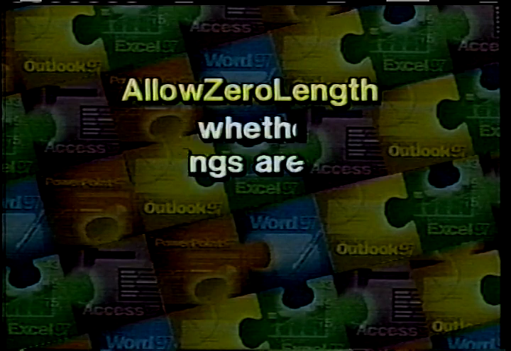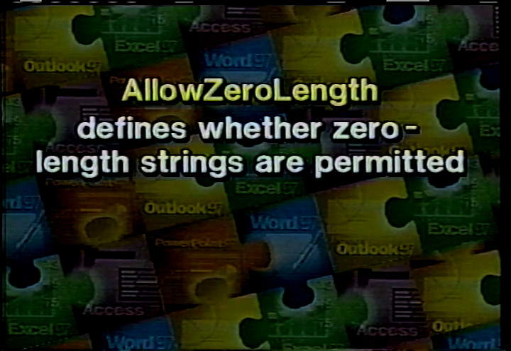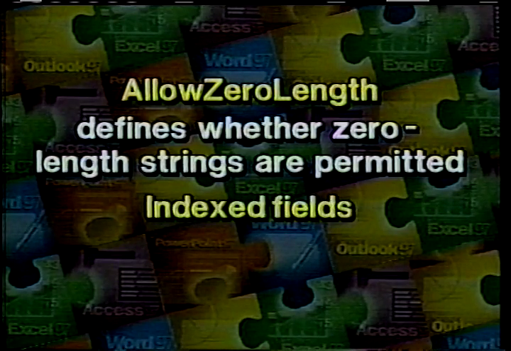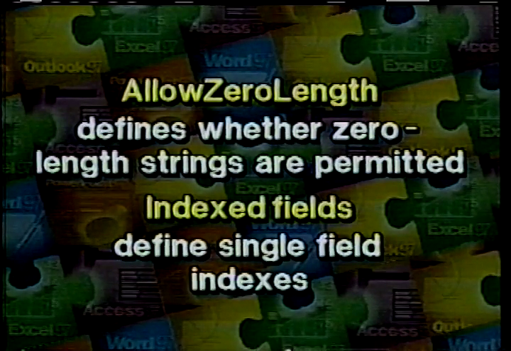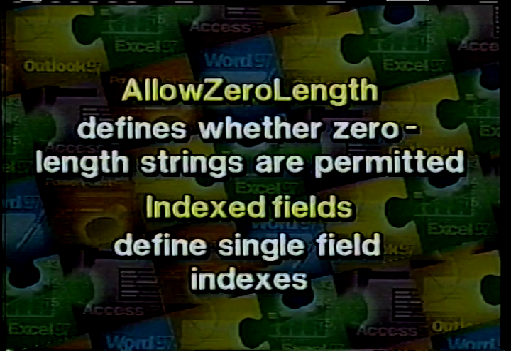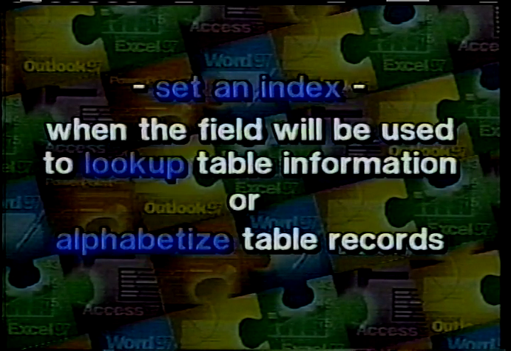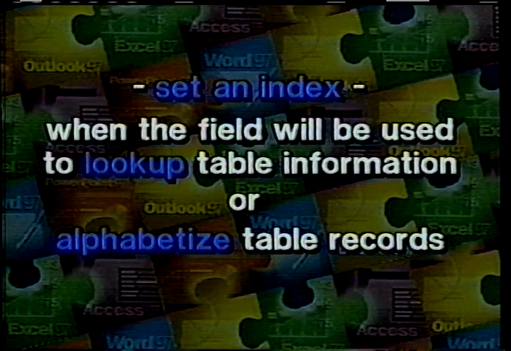Allow zero length defines whether zero length strings are permitted. Indexed fields are used to define single field indexes to speed searches. We set an index if this field will be used to look up information in the table or if we will use it to alphabetize records in a table.